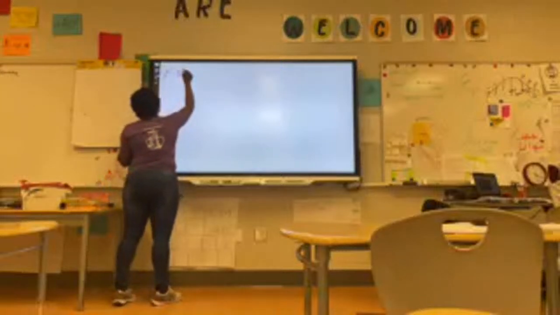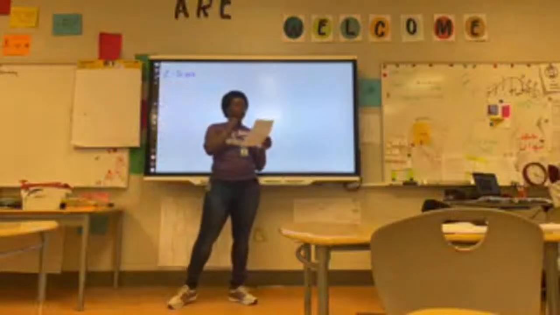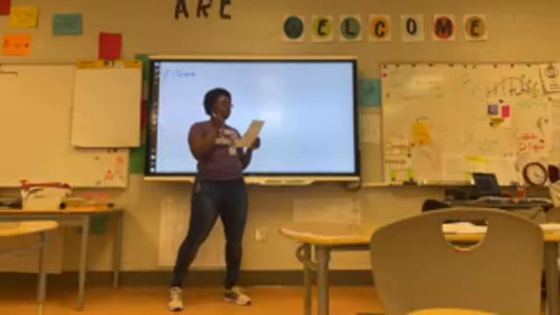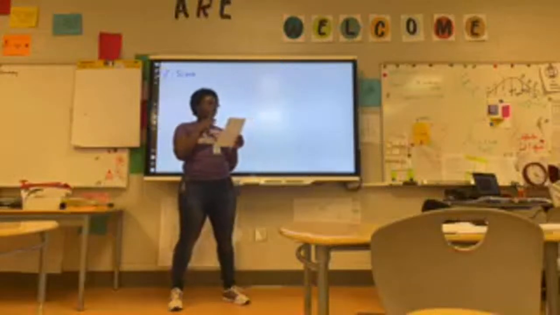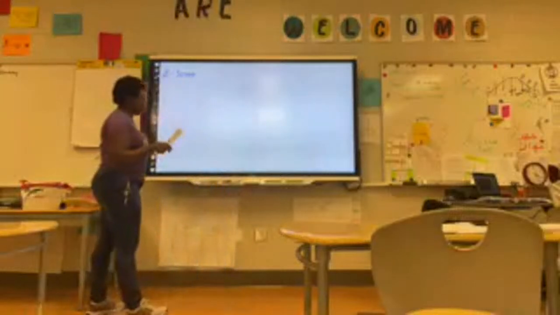Z-score. So the question to the back says the average reading speed of students completing a speed reading course is 450 words per minute. If the standard deviation is 70 words per minute, find the z-scores associated with each of the reading scores given below, and you're asked to show working.